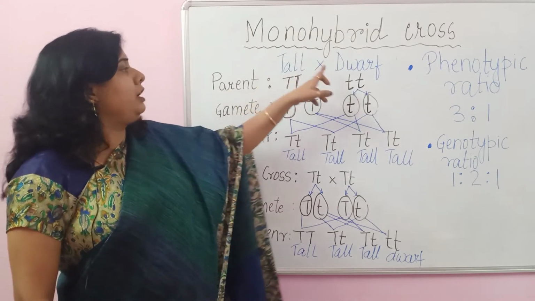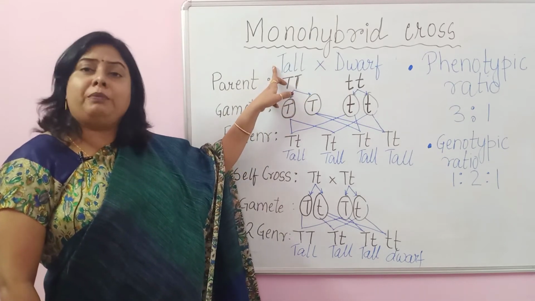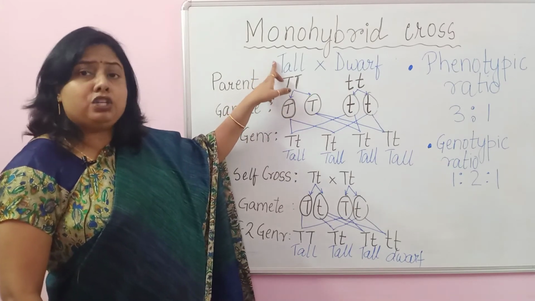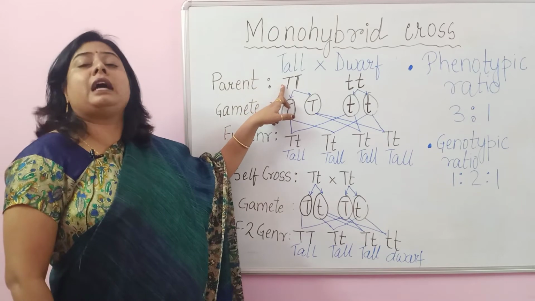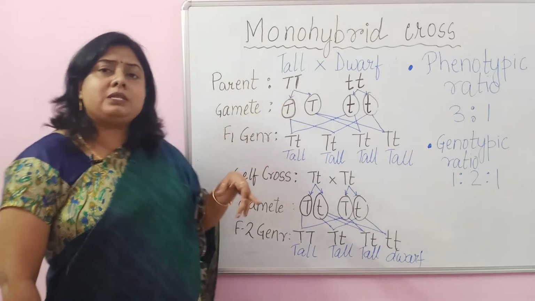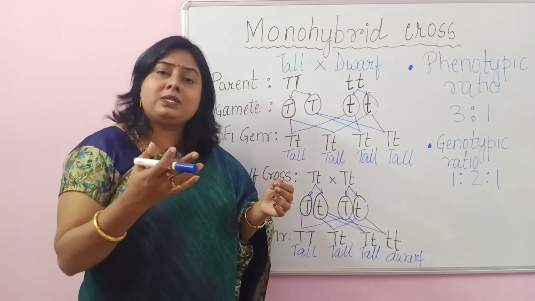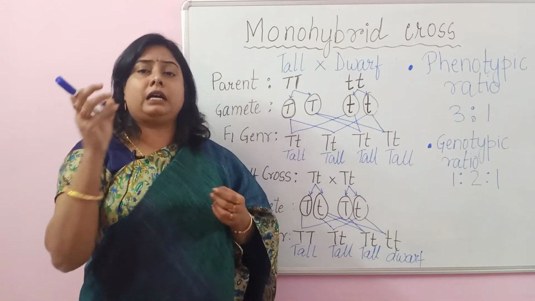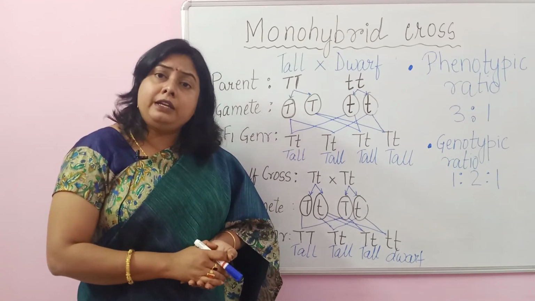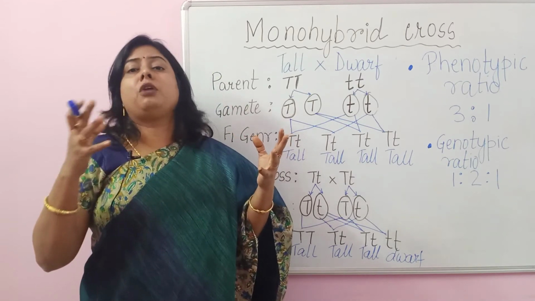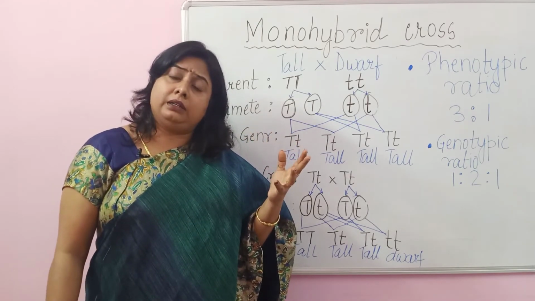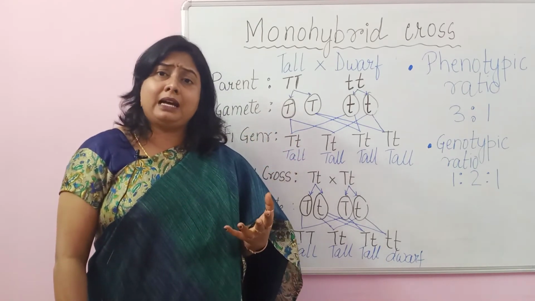So conventionally, we take the capital letter of the dominant trait as the first letter for indicating the character. Say, out of tall and dwarf, tall is dominant. It starts with T, so we take capital T to be the allele name. Suppose I have yellow seed color and green seed color, and yellow seed color is dominant over the green seed color. So how will I represent that?